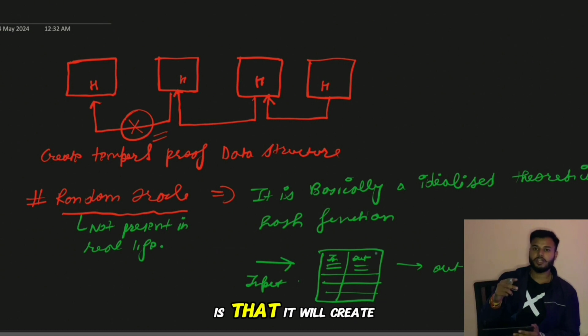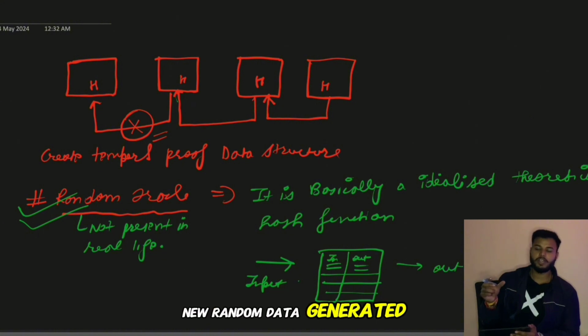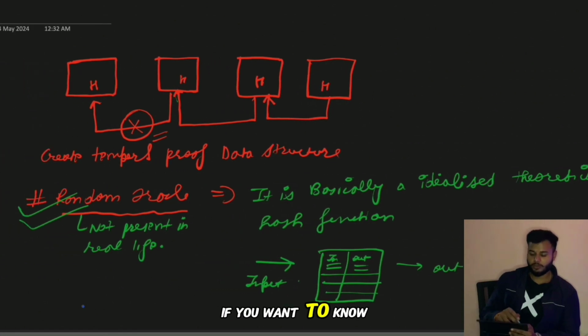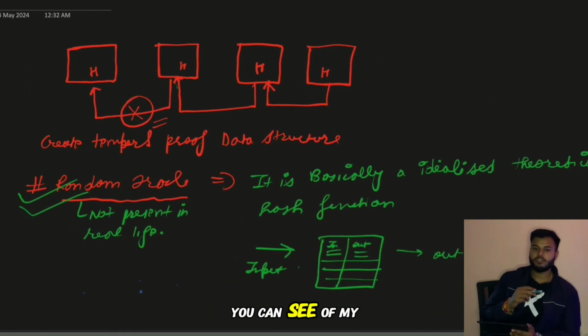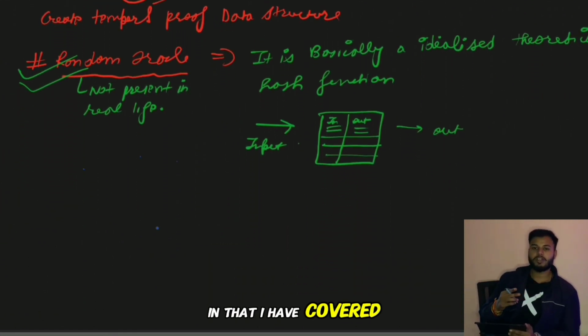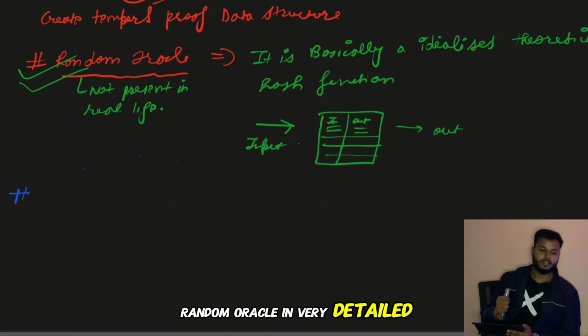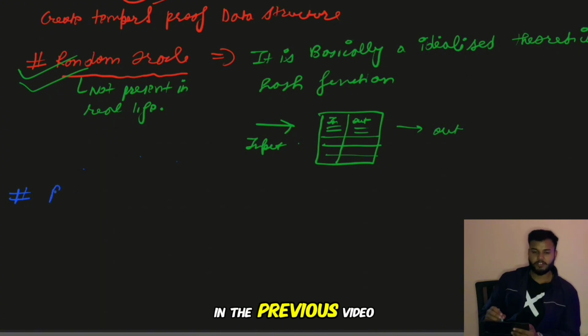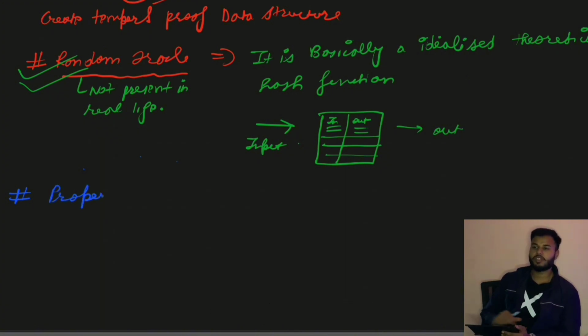Otherwise, it will create a new random number, assign that input to the newly generated random number, and add it to the table. So in this way, the random oracle works. If you want to know in detail how the random oracle works, you can see my previous video, where I have covered it in great detail. We also discussed some properties of hash functions in the previous video, so you can watch that as well.